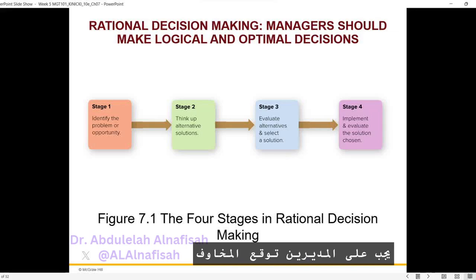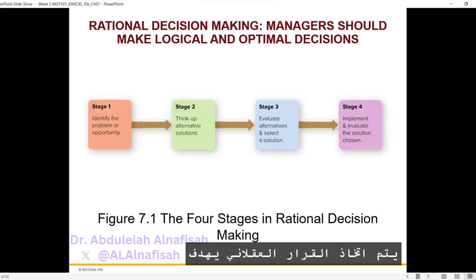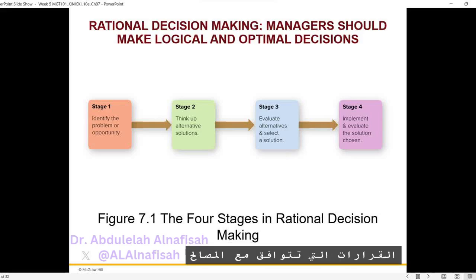Managers should anticipate and address concerns, provide support, and communicate openly to minimize negative reactions and promote acceptance. By following these stages and considerations, the rational decision-making model aims to guide managers in making logical and informed decisions that align with the organization's best interests.